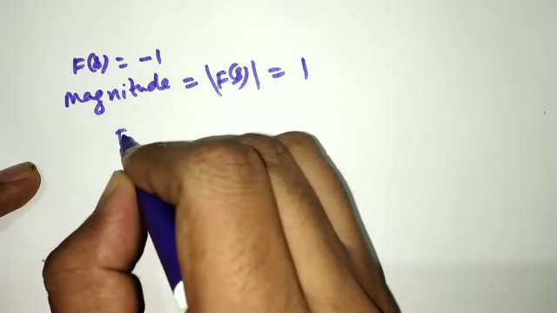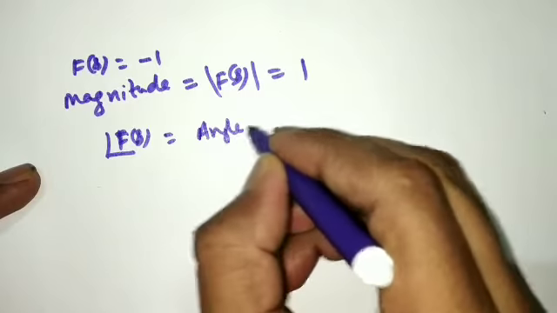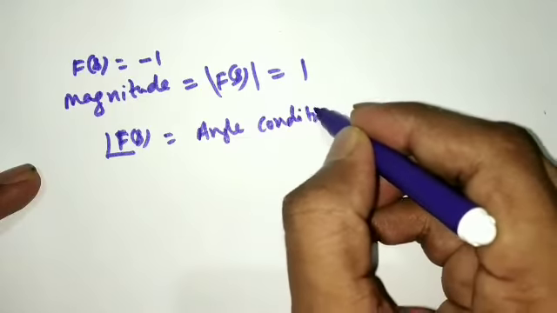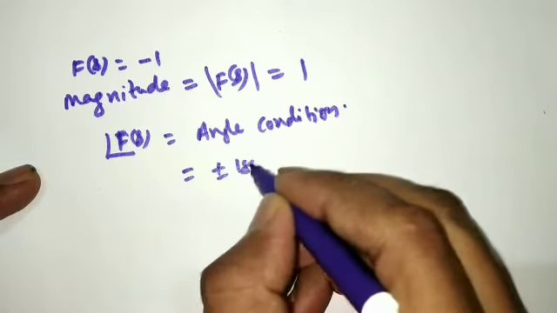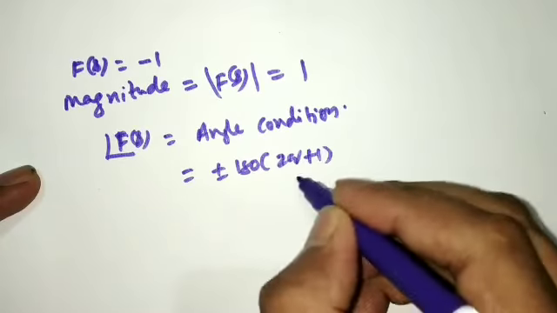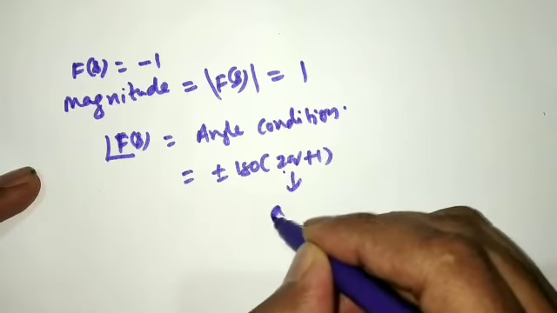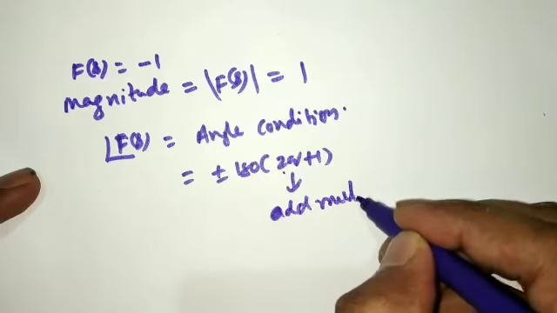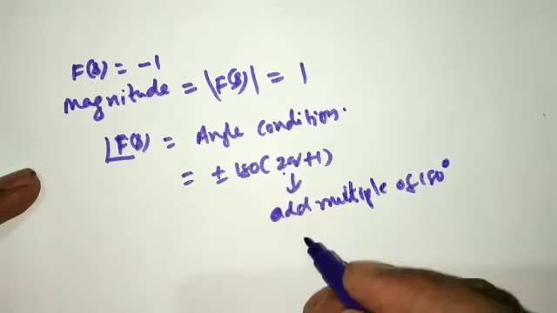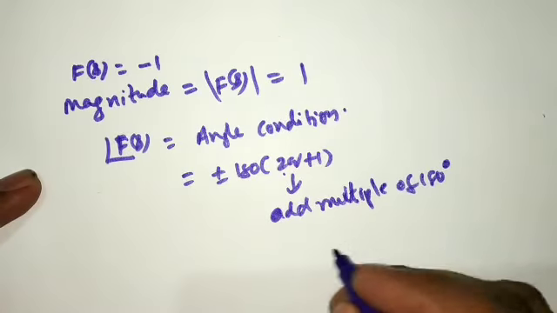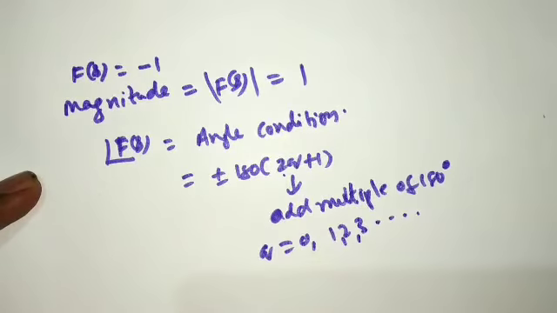This is called the angle condition: the angle of f of s is equal to an odd multiple of 180 degrees, that is (2q plus 1) times 180 degrees, where q is equal to 0, 1, 2, 3 and so on.